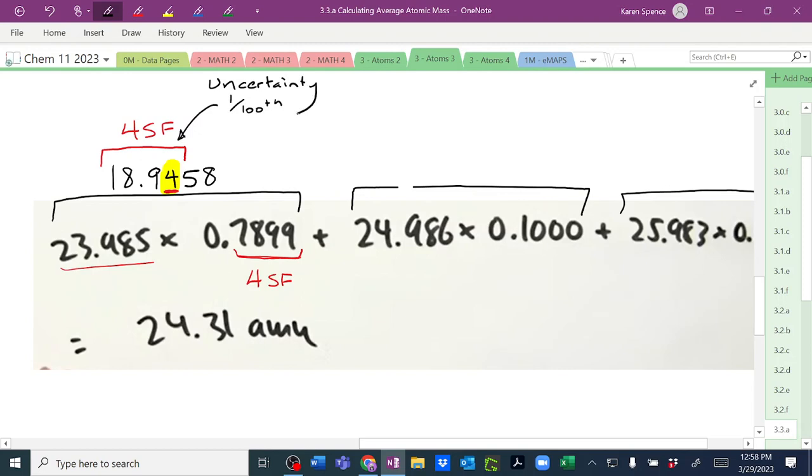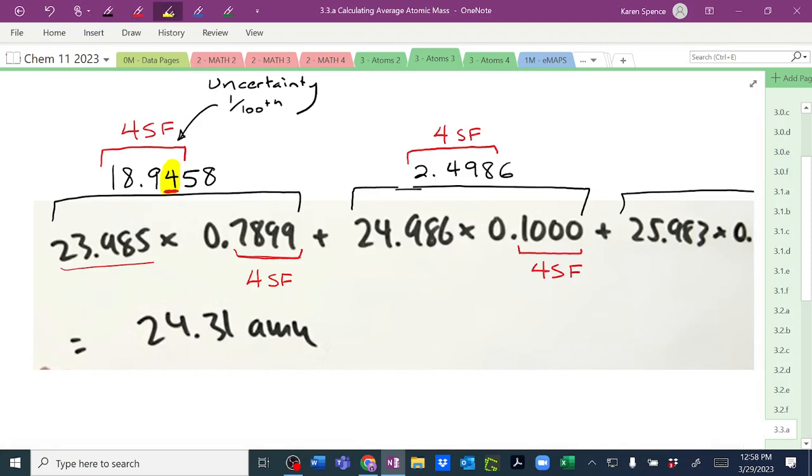Now, our next number, when we multiply, we get 2.4986. And once again, the smaller number of sig figs in that multiplication is 4 sig figs. So this number up here will have 4 sig figs.